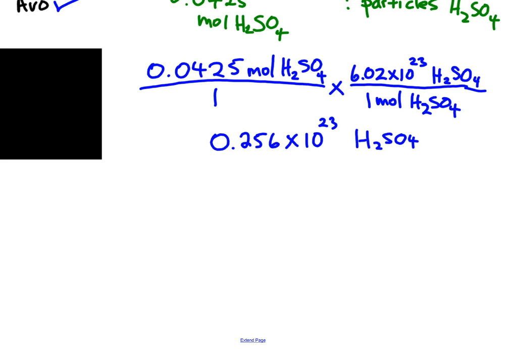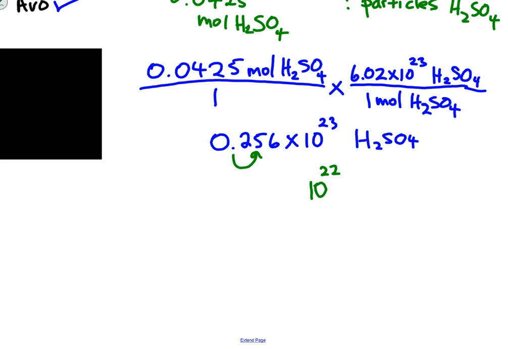And now what I want to do is go down a little bit and do this. I'm going to extend my page. Where do I have to move my decimal? To the right, correct? Okay, when we move to the right, what happens to the power of 10? It goes down. So I'm going to subtract 1 from the 23, and that becomes 22.